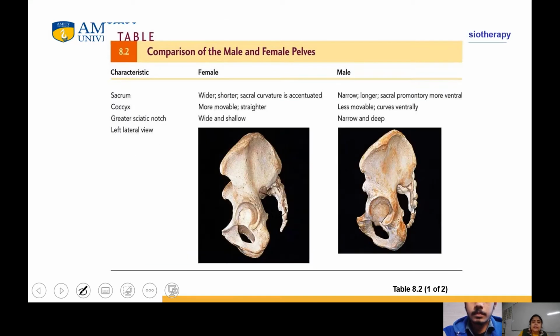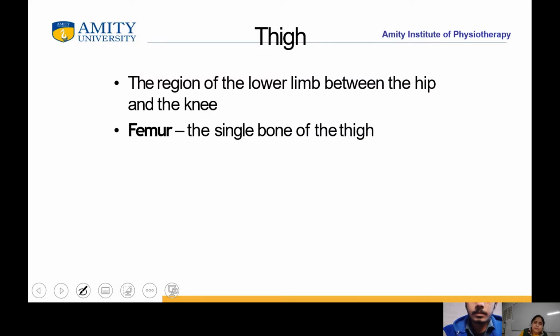And then the sacrum is wider in females, shorter, and the sacral curvature is marked. Whereas in male, the sacrum is narrow, longer, and the sacral promontory is more ventral. The coccyx is more movable and straighter in female, whereas it is less movable and curves ventrally in male. The greater sciatic notch is wide and shallow in female, whereas it is narrow and deep in male.